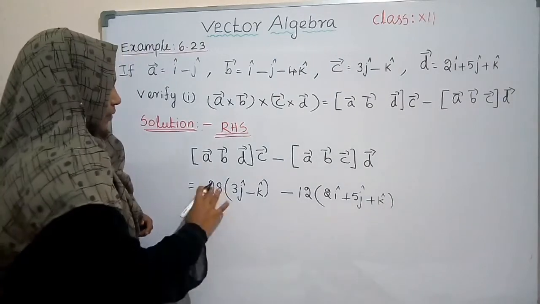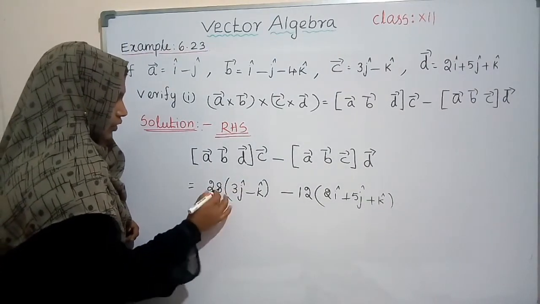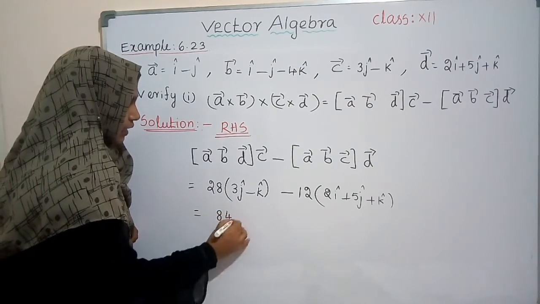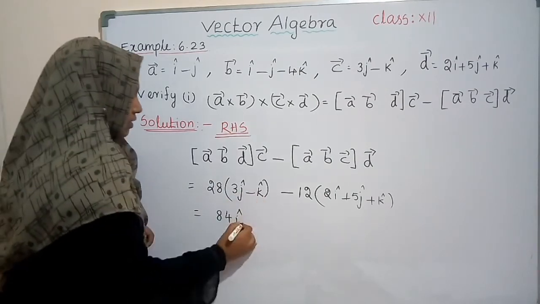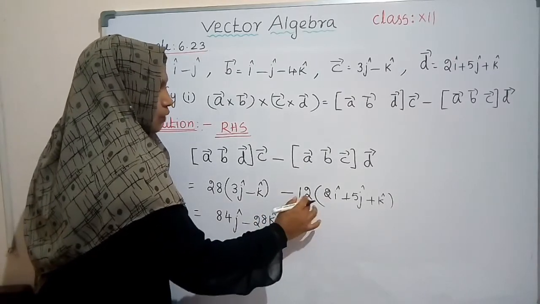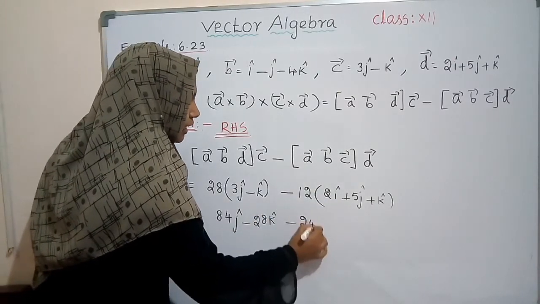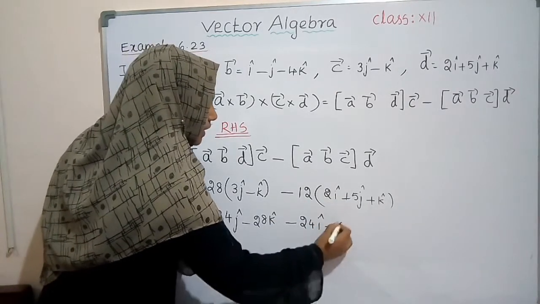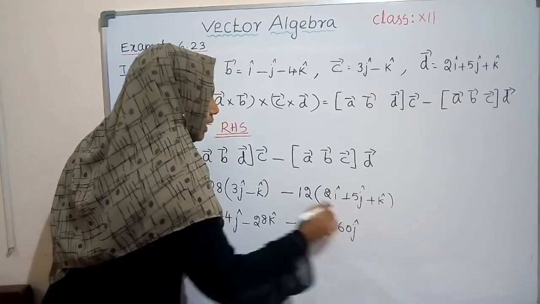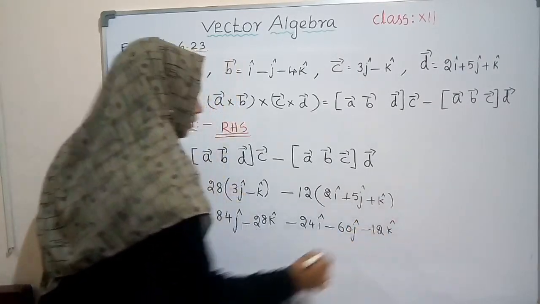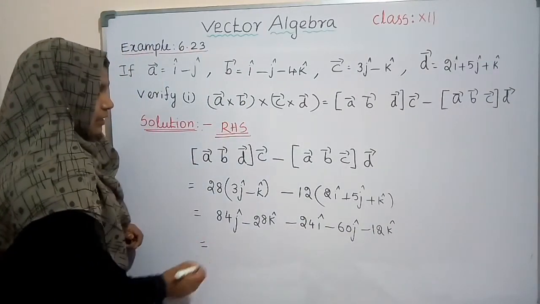Understood? Now multiply this. We are getting 28 into 3, it is 84 j cap, minus 28 k cap, minus 12 into 2, minus 24 i cap, minus 12 into 5 j cap is minus 60 j cap, and minus 12 into k cap is minus 12 k cap. Now just combine the like terms.